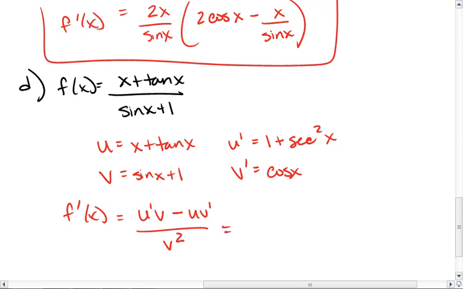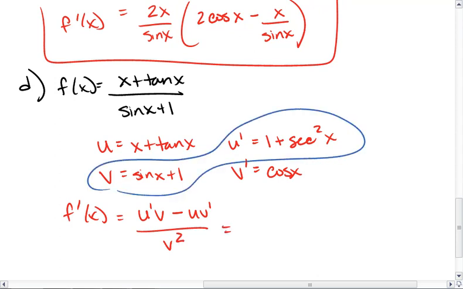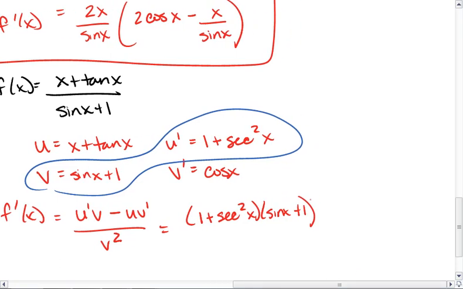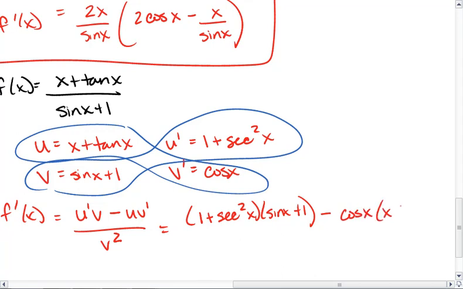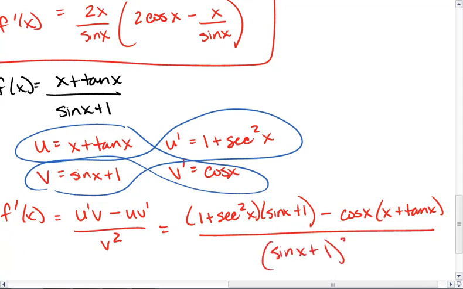So plugging in values, I find that I have 1 plus secant squared x times sine x plus 1 minus cosine x times x plus tangent x all over sine x plus 1 squared.